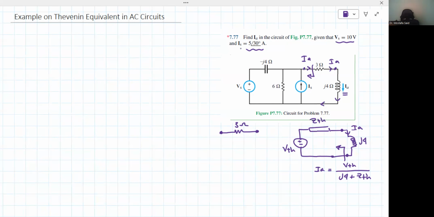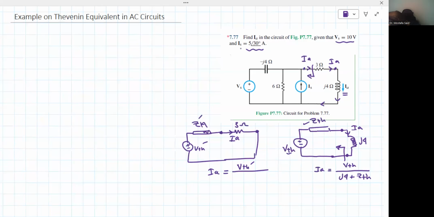So we're gonna find again a source; let's call it V Thevenin dash, just not to confuse it with these two. And again, IA is flowing in here, so IA will be equal to V Thevenin dash divided by Z Thevenin dash plus the 3 ohm.